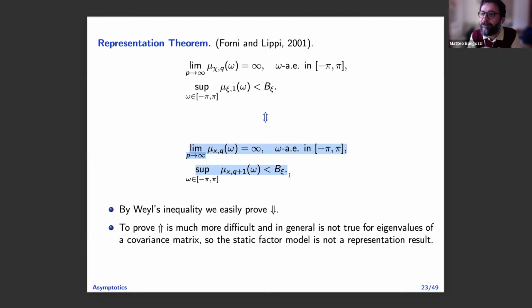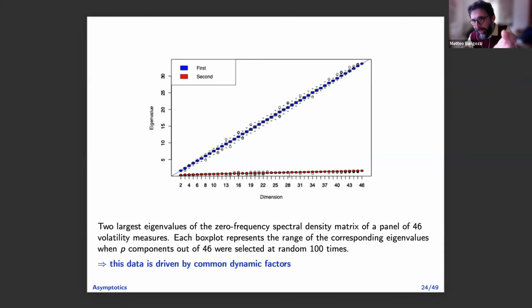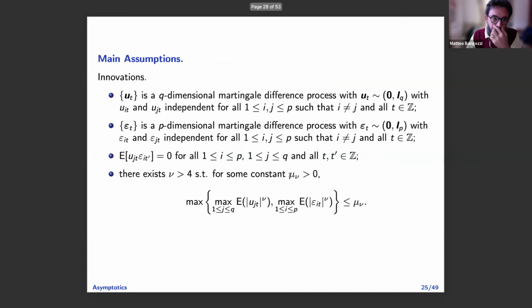So I'm not going to give any other insight on it, but that's the result that I wanted to highlight. Okay, so now that I see this plot, given that theorem, I will say that the data is driven by common dynamic factors, okay? Because this is the implication upward that we had before.